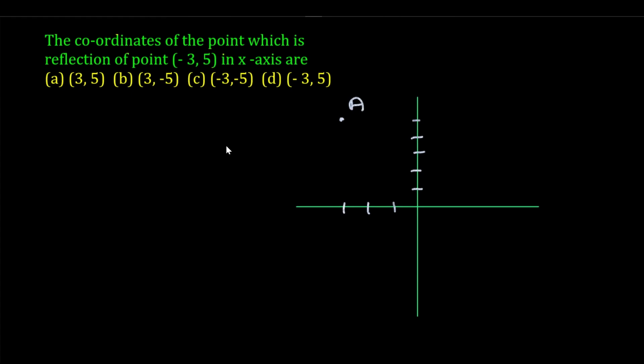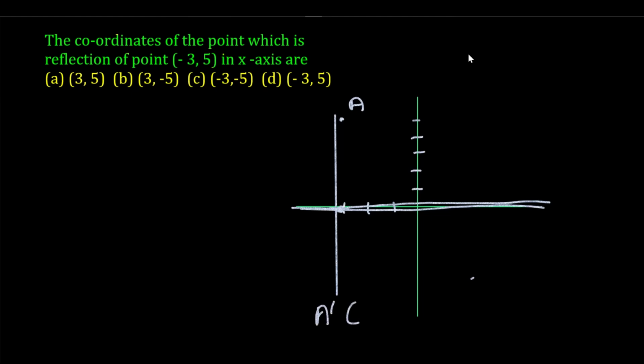Now check here, we have to get the reflection along the x-axis. So the x-axis should act as a mirror. So clearly it's a reflection, and as you know from the laws of reflection, the distance of the image from the mirror is the same as the distance of the object from the mirror. So A dash is the image. What you can see from here is that its x coordinate remains the same, minus 3, and its y coordinate becomes opposite.